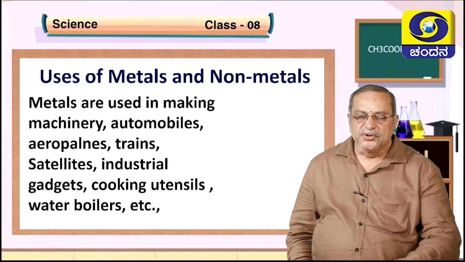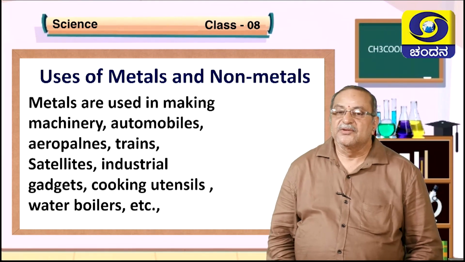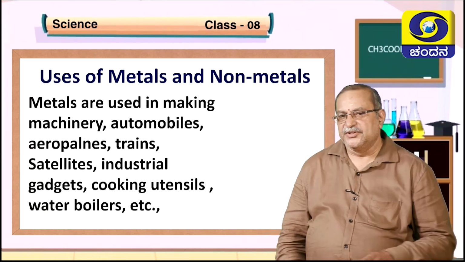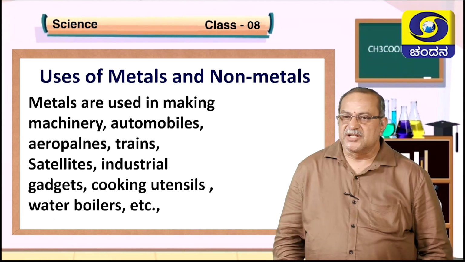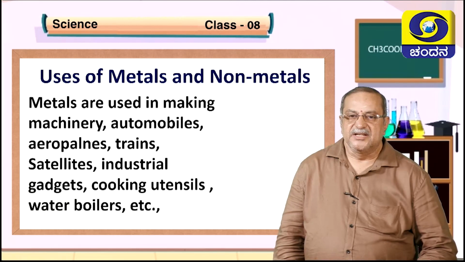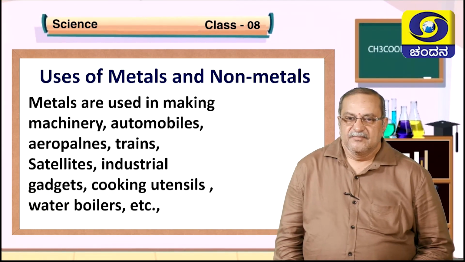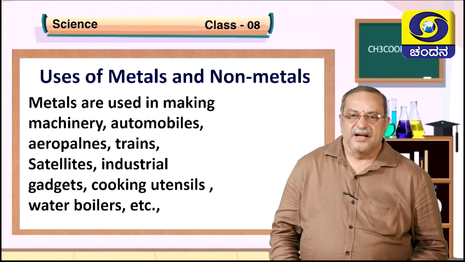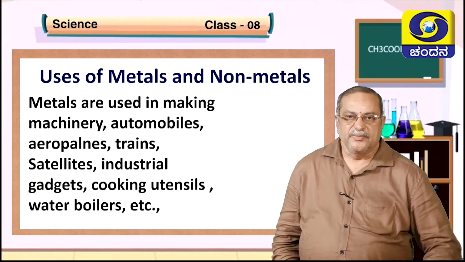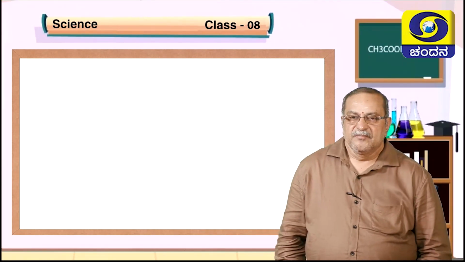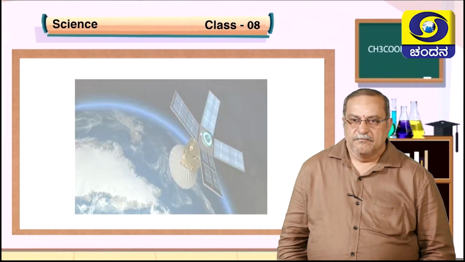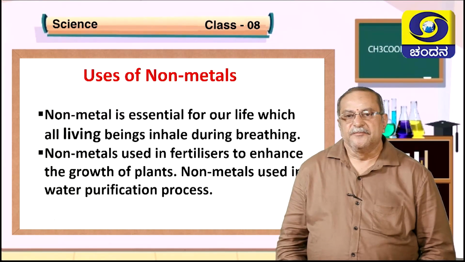Even cooking utensils, water boilers, etc. In the house, you will find many gadgets made of metals, including metal chairs, metal cots, stands, racks, almirahs. See, what is this? That is nothing but the satellite, children. This is the satellite you are seeing here.